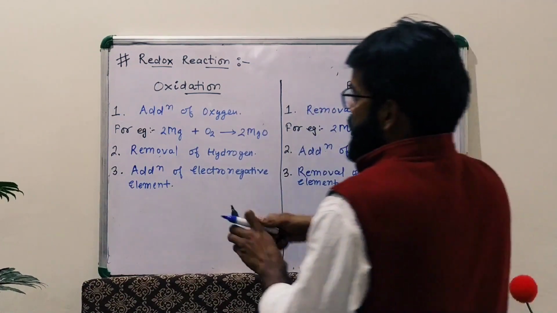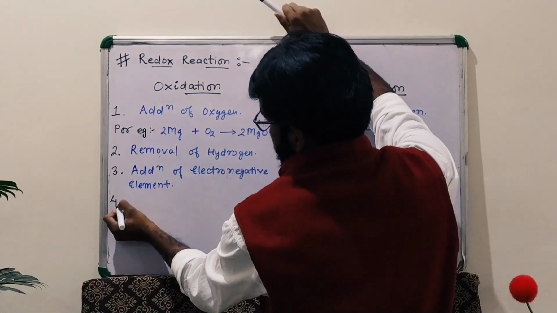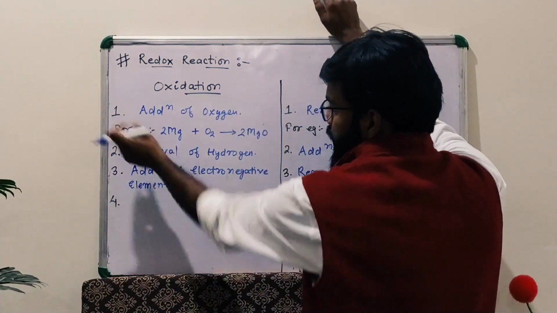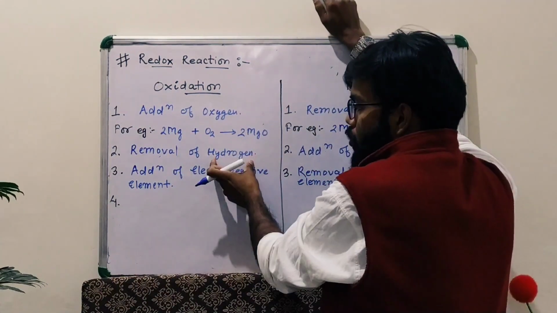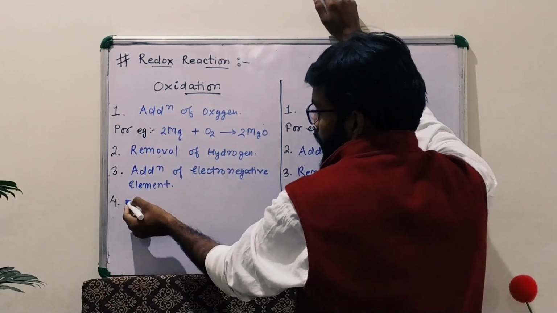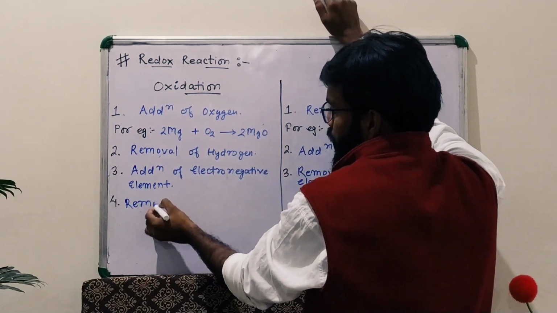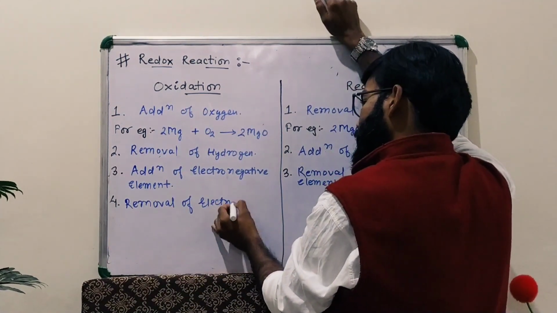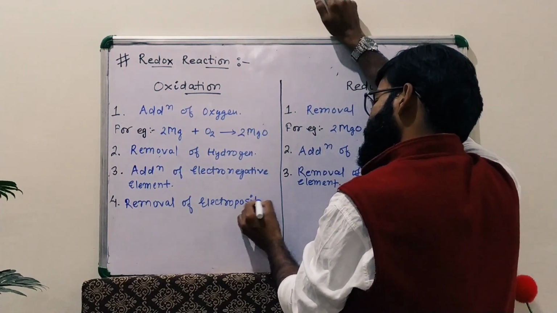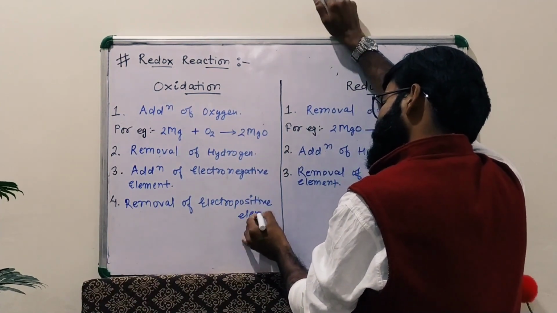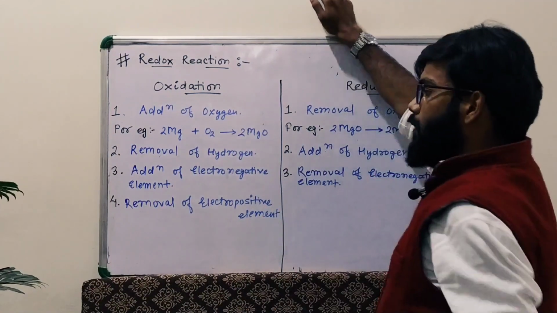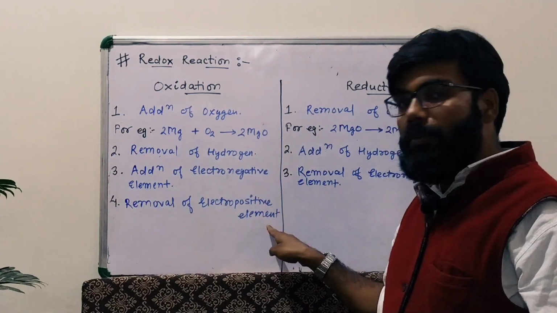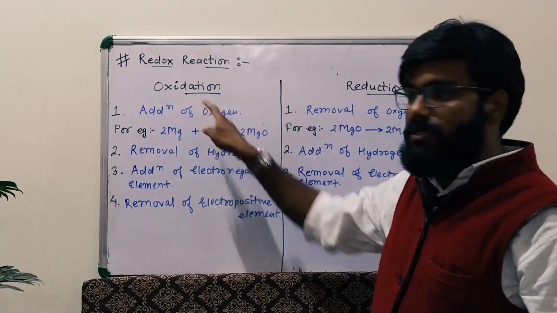So here we will write removal of electropositive element. A chemical process in which removal of electropositive element takes place is known as oxidation.